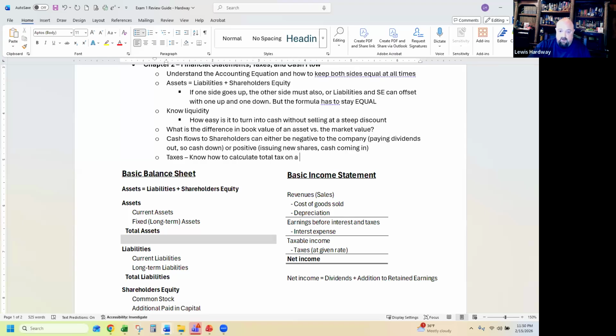So know how to calculate total tax using tax brackets, which will be given to you if you had a question that asked you to solve something like that.